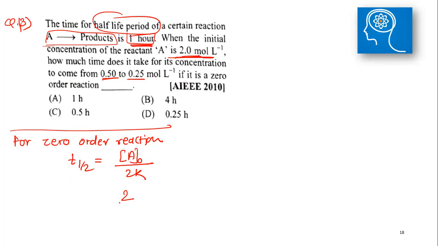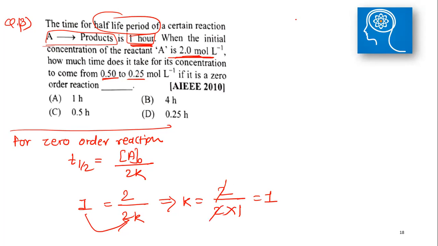Okay, so आपण इथे लिहू शकतोय, T half is 1, it is equal to, here is twice K. Okay, आता आपल्याला K ची व्हॅल्यू फाइंड आउट करायची आहे. So K is equal to 2 upon 2 multiplied by 1, so it is equal to 1. Okay, 2 2s are 1.